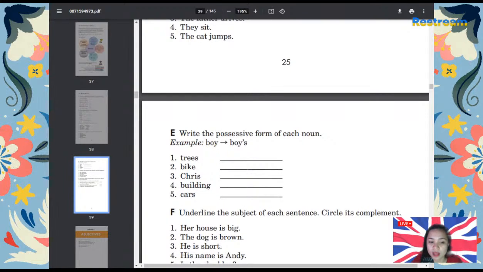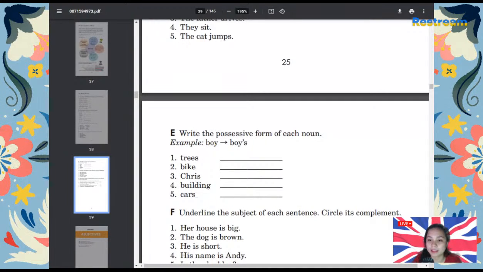For number five, we have cars. Look here, it also ends with the letter S. So how can we make it into possessive form? It is the same as trees and Chris, since it ends with the letter S. So what should we add here to make it into a possessive form?